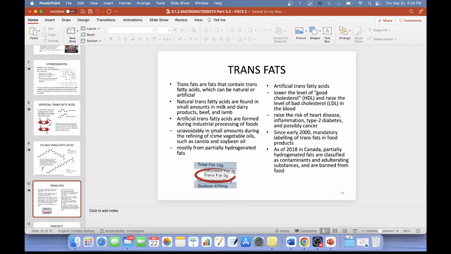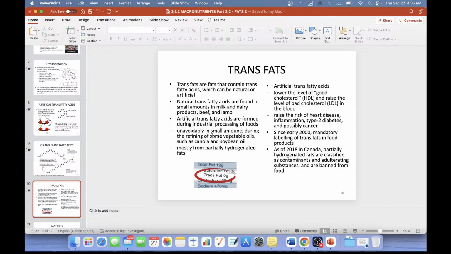Some of these trans fatty acids are unavoidably formed in small amounts while vegetable oils are refined, such as canola or soybean oil, but mostly they are produced from partially hydrogenated fats.